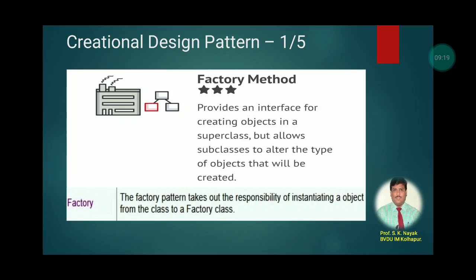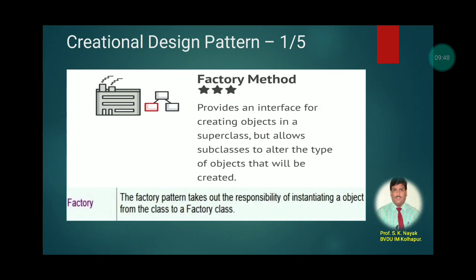Here shark is an object which can be created or instantiated from the base class, that is a superclass, called the factory class. So sea animals can be treated as a factory, out of which we can create or instantiate an object like shark.